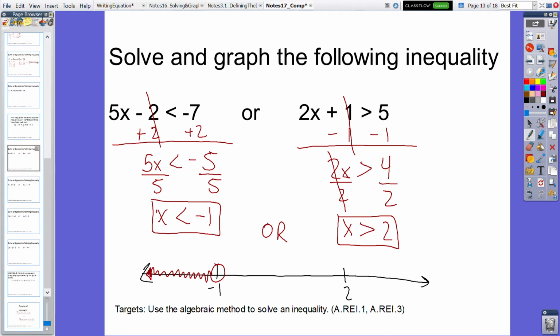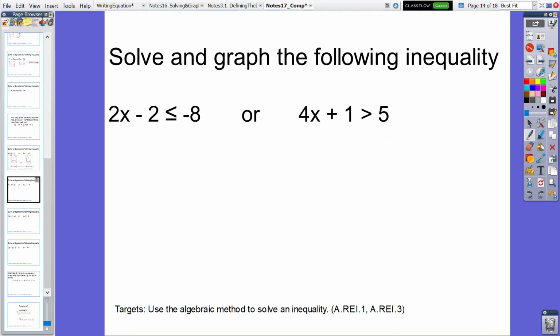And if I graph all my numbers greater than 2, open circle, and then everything to the right. So we could literally classify this as all my real numbers, or all numbers that aren't between negative 1 and 2. See how normally for an AND inequality, it would be everything between negative 1 and 2, but now we're looking at everything outside of those two numbers. Okay?